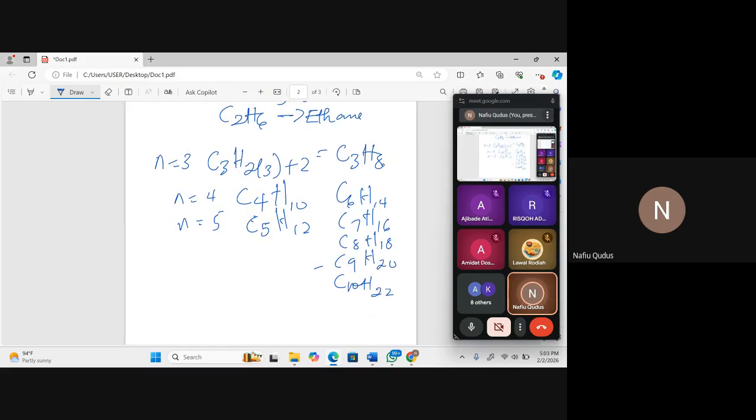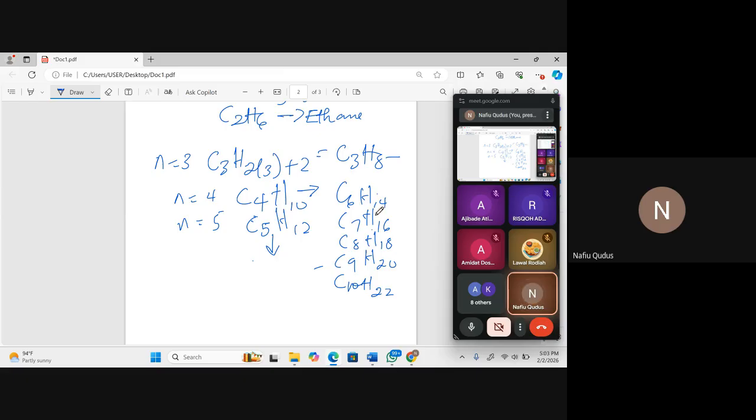So C3H8, it is what? Propane. C4H10, it is what? Butane. C5H12 is what? Pentane. C6H14, hexane.